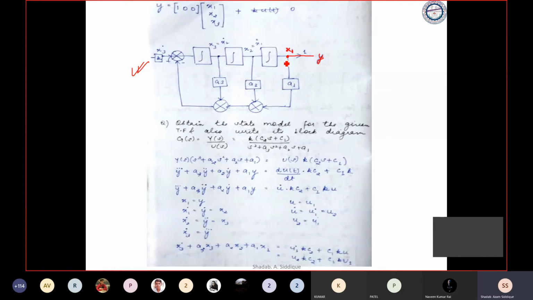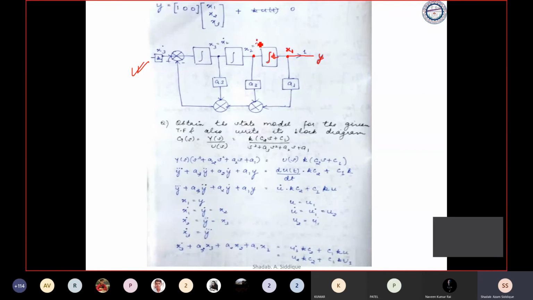I'll move backward. So I have y is equal to x1 into 1, which is multiplied with y. Now you can see, if we integrate x1 dot using the dt function, we'll get x1. Just move in a forward path, in a straight path.